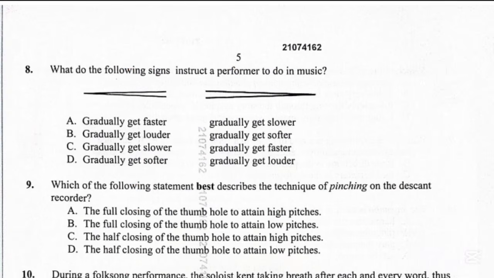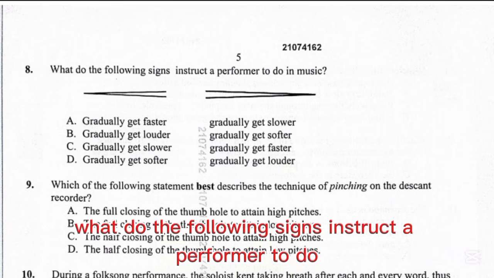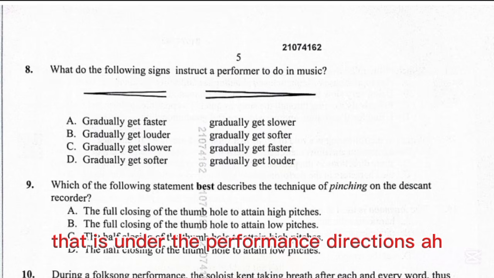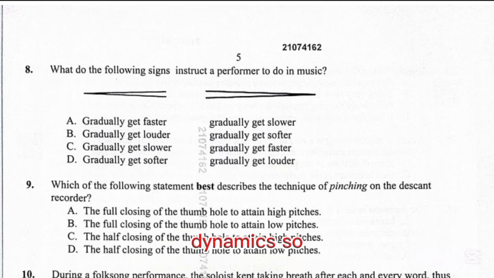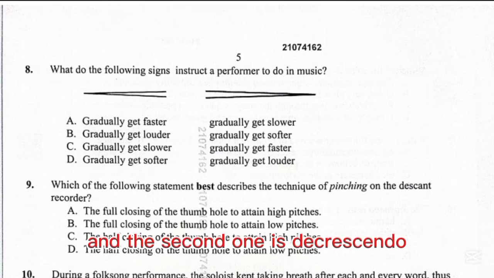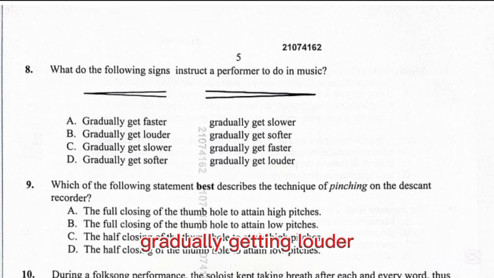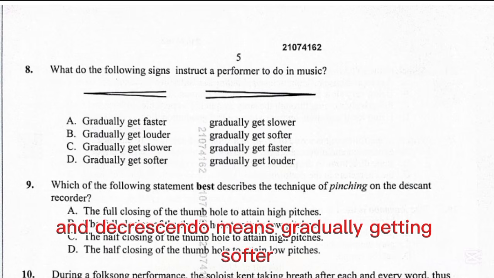Question 8. What do the following signs instruct a performer to do in music? So we are in grade 9, that is under the performance directions, dynamics. So the first one is crescendo and the second one is decrescendo. Crescendo usually means gradually getting louder, and decrescendo means gradually getting softer.